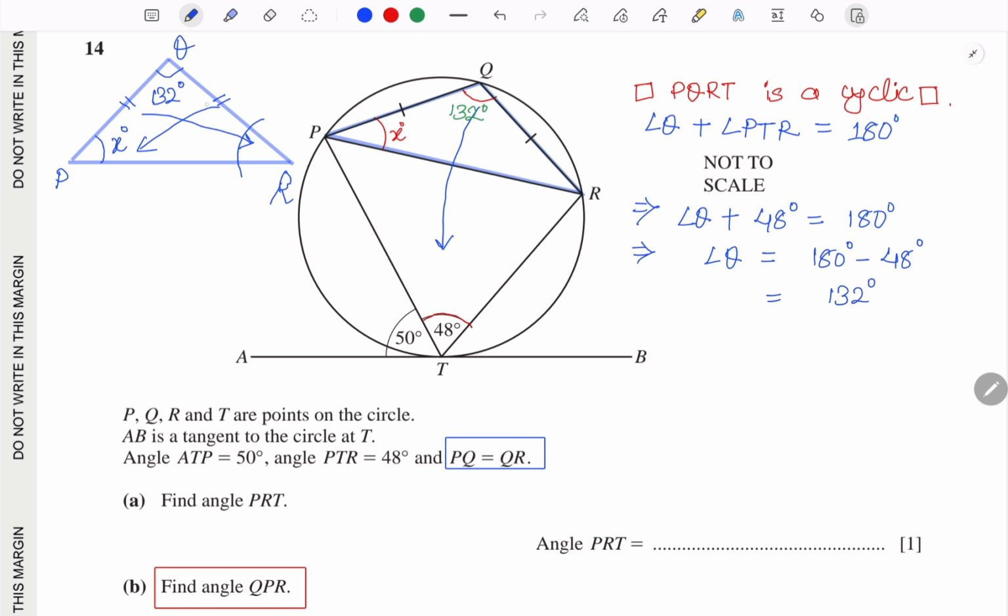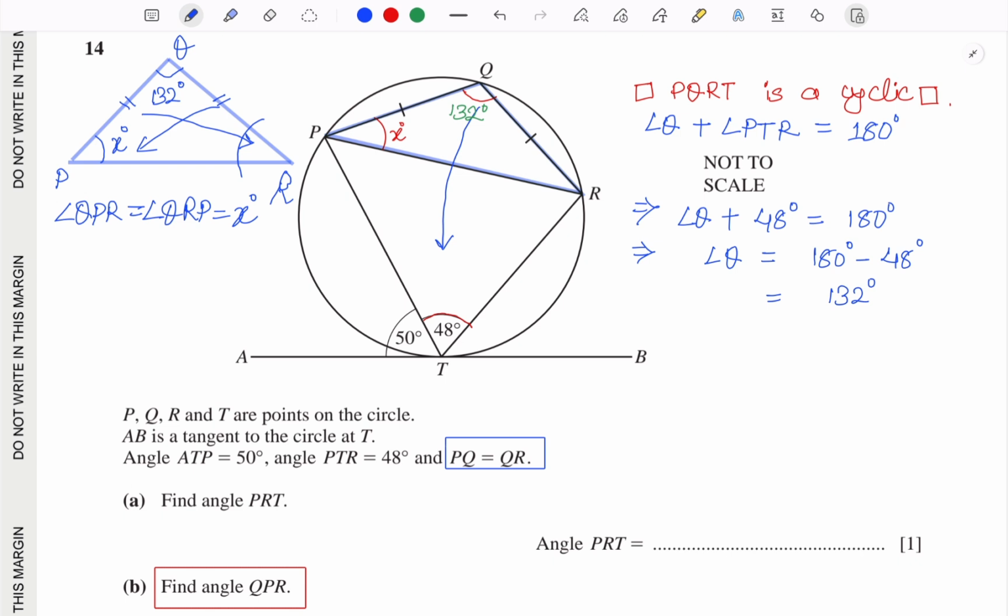Hence we can write angle QPR equals angle QRP, and both of them will be equal to x degrees because we have assumed earlier that angle QPR is x degrees.